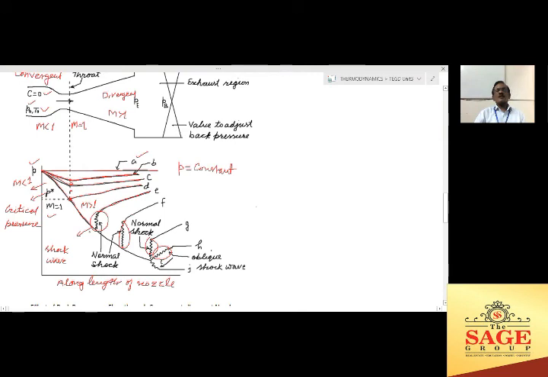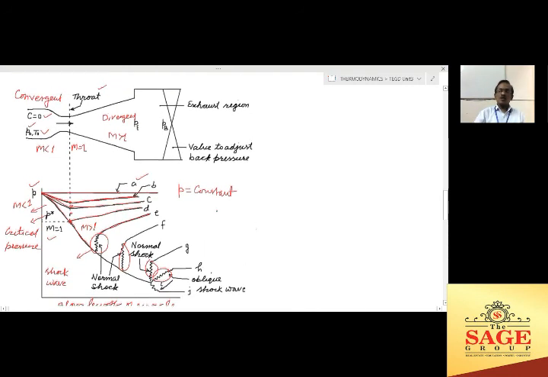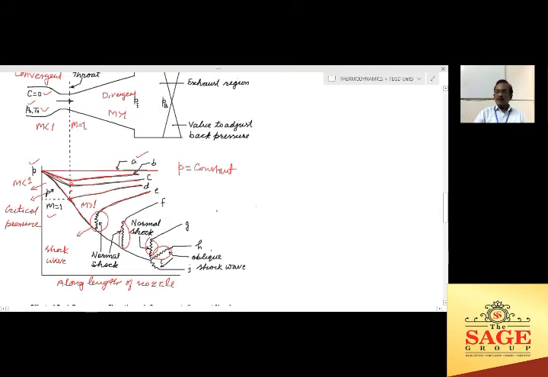Because of the formation of the shock wave, the supersonic flow will be converted to the subsonic flow, and this portion will act as the subsonic diffuser. So we can say the normal shock wave formation occurs only in the case of the convergent-divergent nozzle, only in the divergent portion.